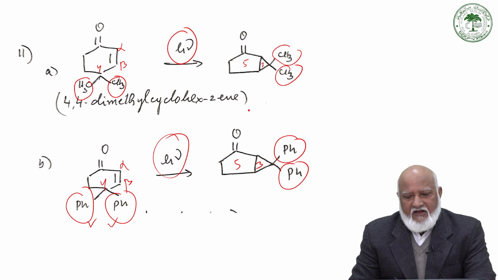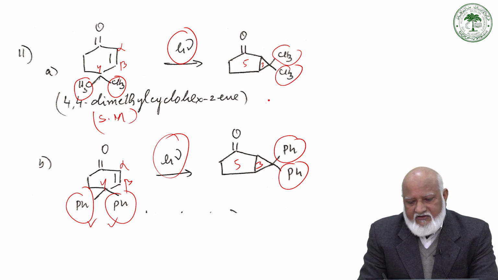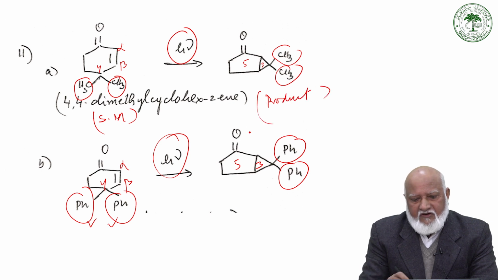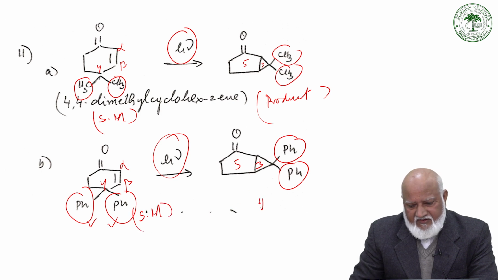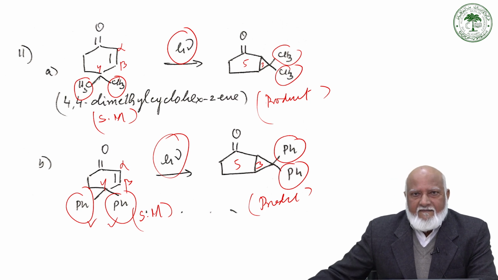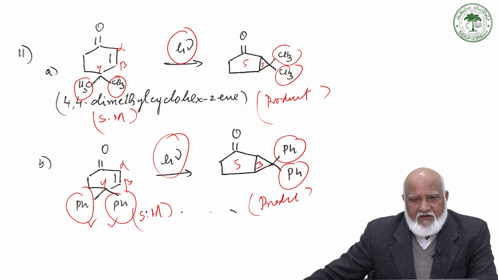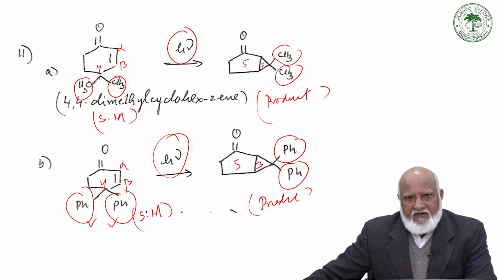So this is the starting material, and this is the product after the rearrangement under photolytic conditions. This is the starting material for the diphenyl substituted case and this is the product, and hence this is a very interesting rearrangement. The steps involved in the formation of this product can be visualized as follows.